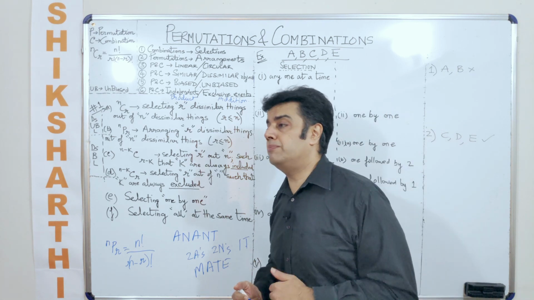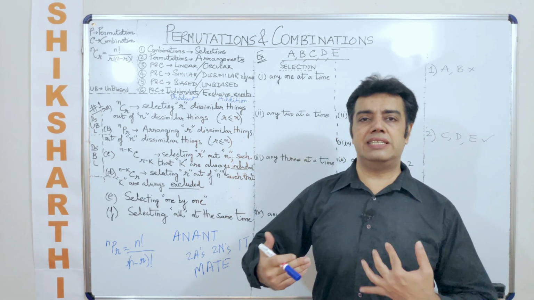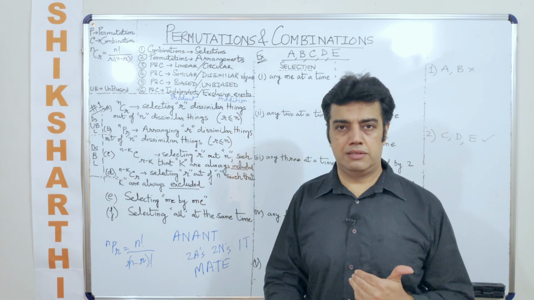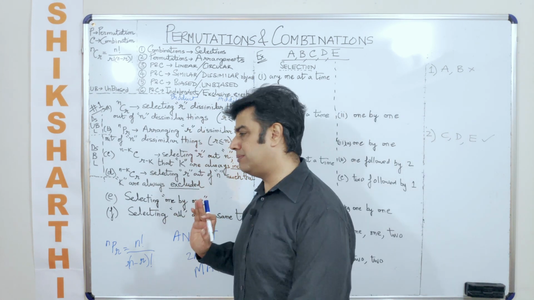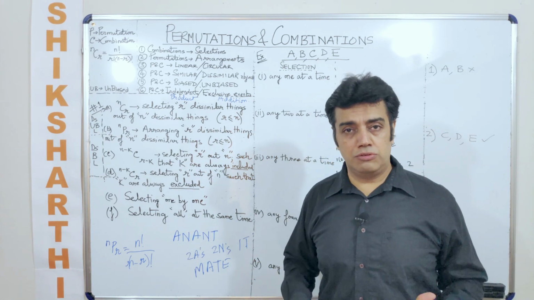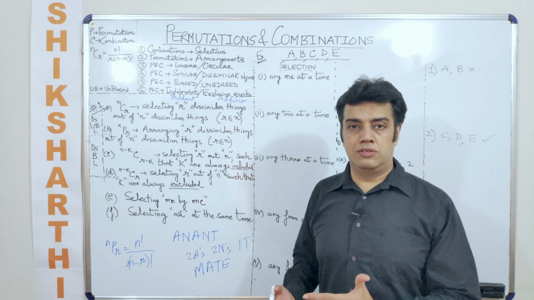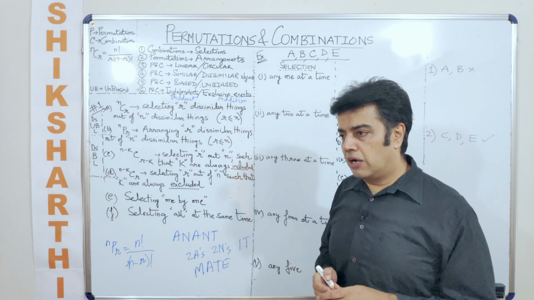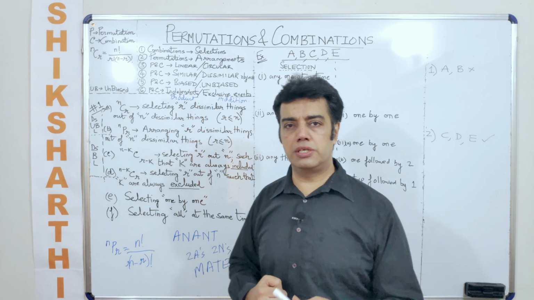Now another thing which can be brought forward here is, when you are selecting things, you can select all the things at the same time, or you can select them one by one. The point to be understood here is, when I am selecting all the things at the same time, it's a selection, no doubt. When I am selecting things one by one, that is also a selection, but maybe the order comes into the picture. So it is now time to introduce words like ordered and unordered.